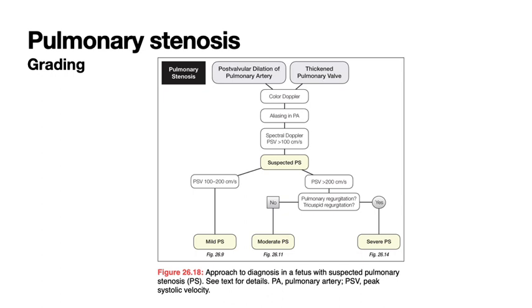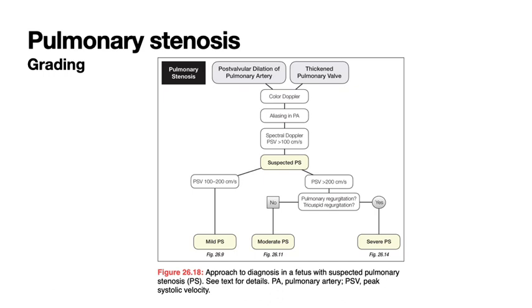All right. Now, in general, a lot of these things have things that grade the severity of them so that the patient can be counseled about what's going on. The surgeons have an idea of what the repair is going to be, whether the repair is going to be attempted at all, and things like that.